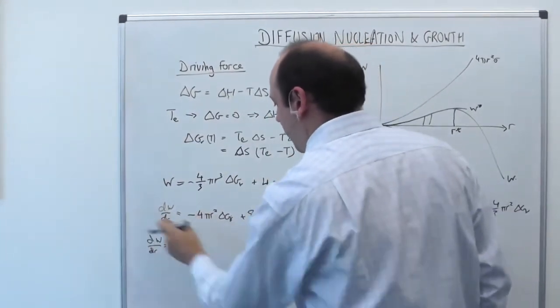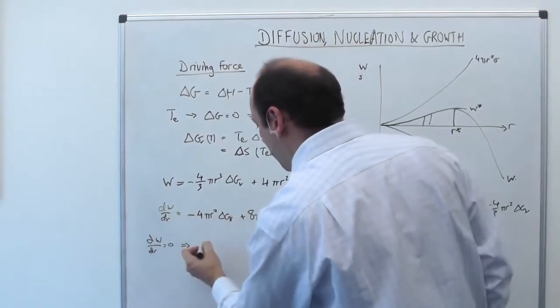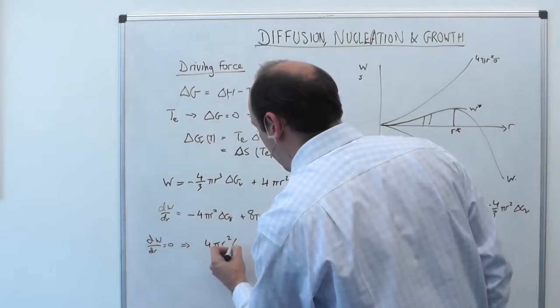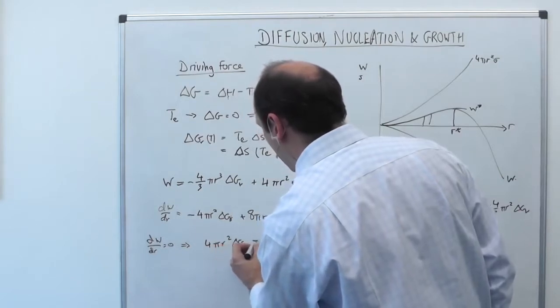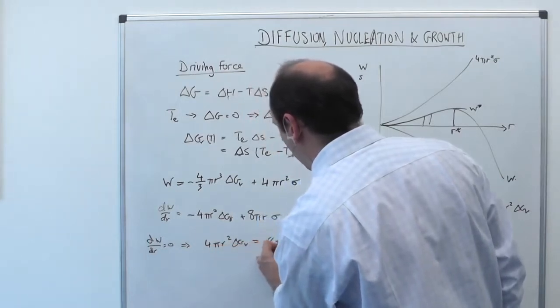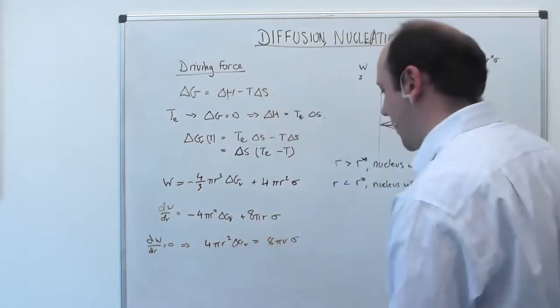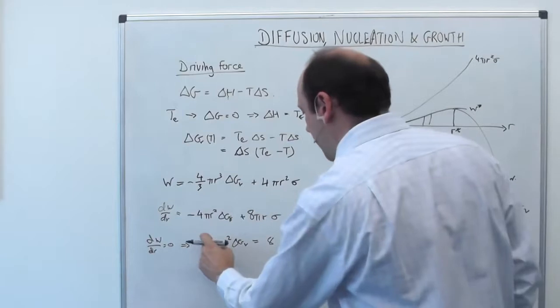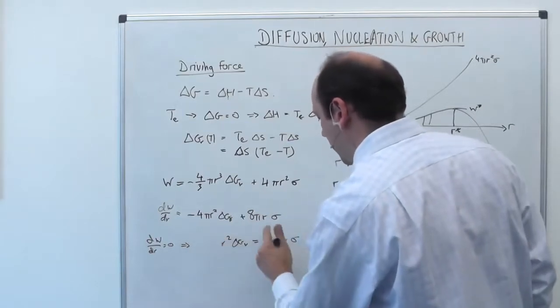So we've got a 0 over here. We pull that over there. They'll be equal. So we've got 4 pi r squared delta GV equals 8 pi r sigma. And we can cancel the pi's. And we can cancel the 8 with the 4 and get a 2.